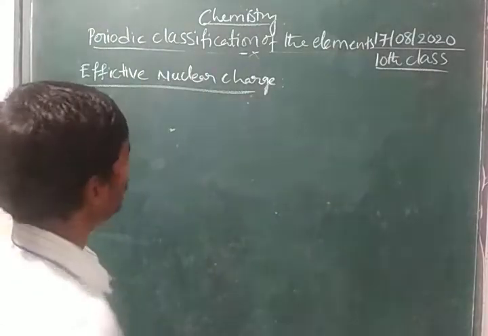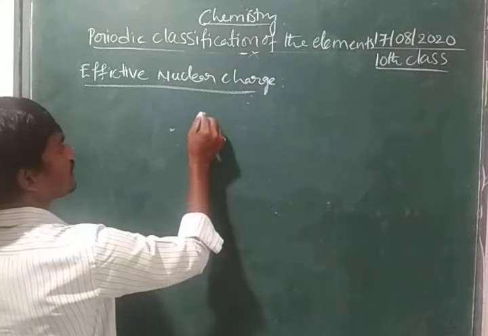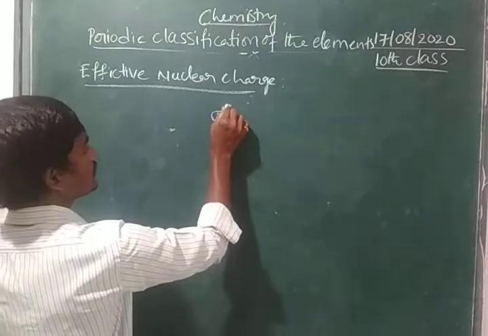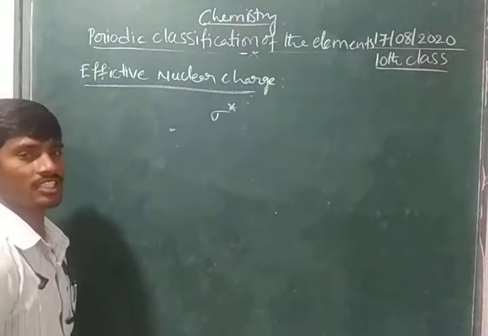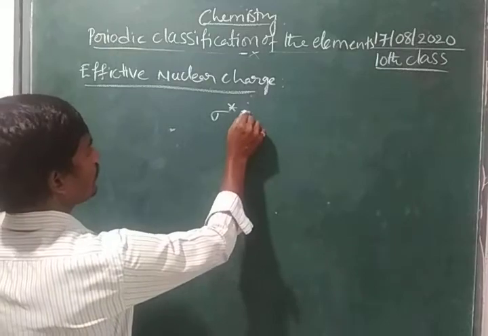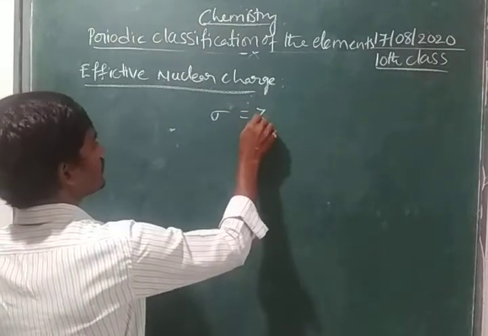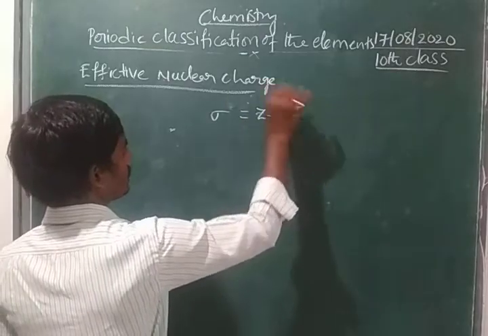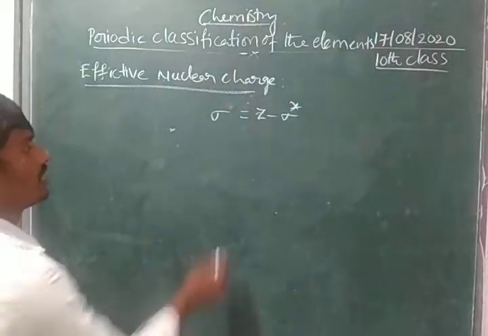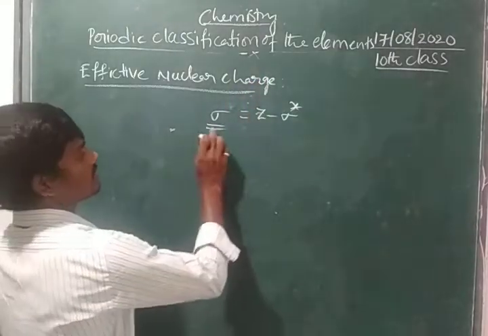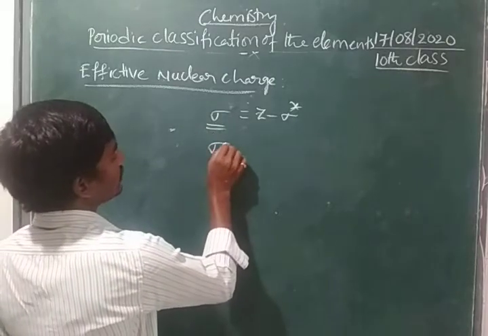Here we have sigma star. What children? Sigma star. Here we have to consider sigma equals Z minus sigma star. Z minus sigma star. Here sigma is the effective nuclear charge.